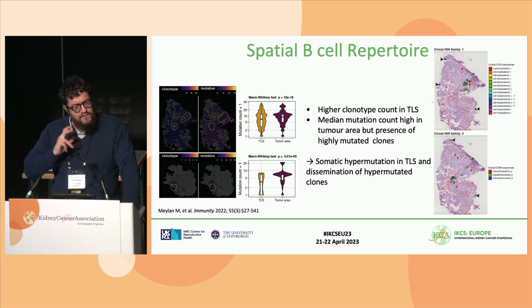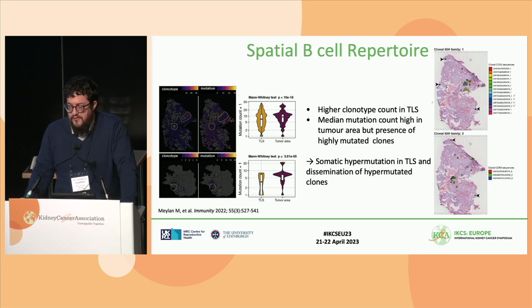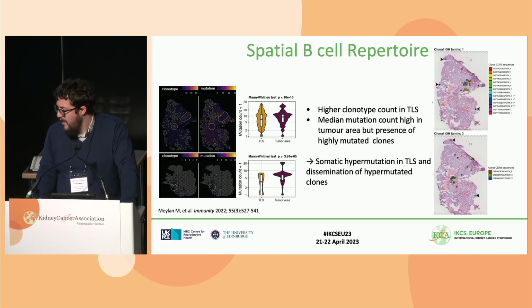So all of this indicates that inside the tertiary infrastructures, we could have somatic hypermutation, so selection of clones specific for some antigens inside the tertiary infrastructures, and then that they would be disseminated in the tumor.